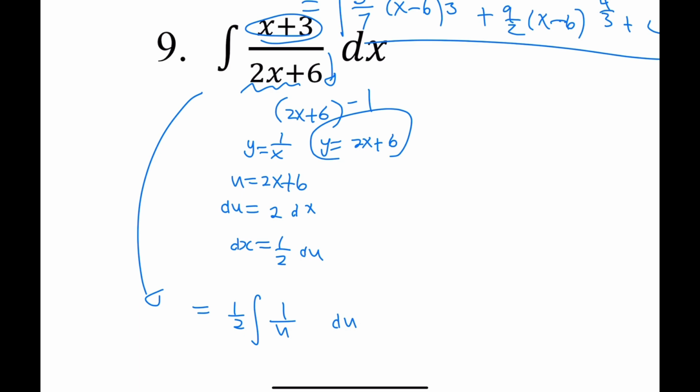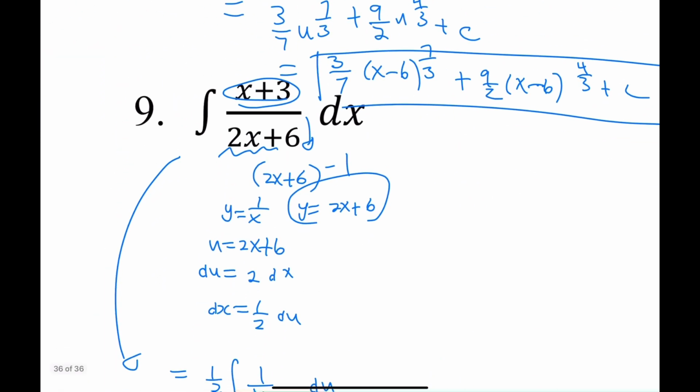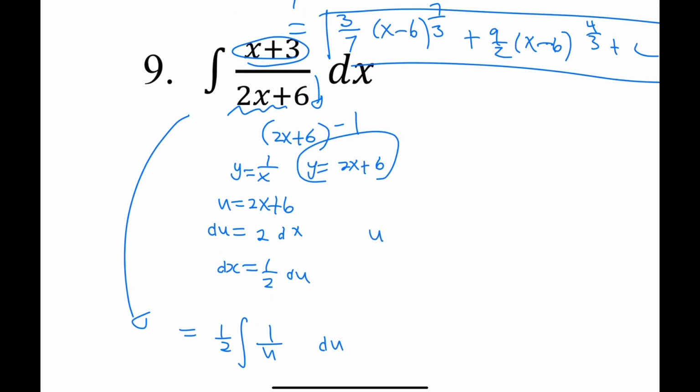So x plus 3, I think, is going to be the same as the number 8 problem, right? So we see that u equals 2x plus 6, or 2 times x plus 3. So u over 2 is equal to x plus 3, like we talked about. Okay, so let's multiply u over 2 into this one.